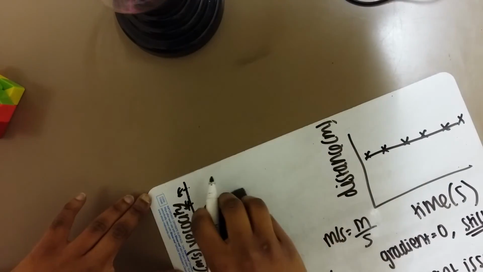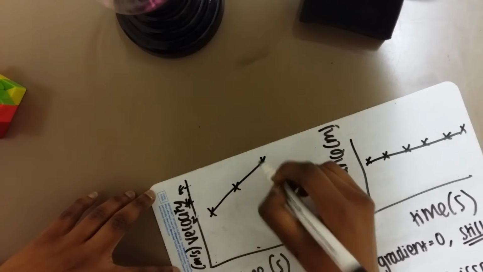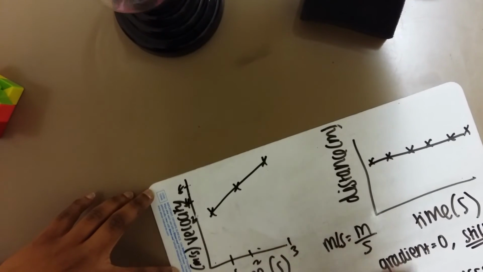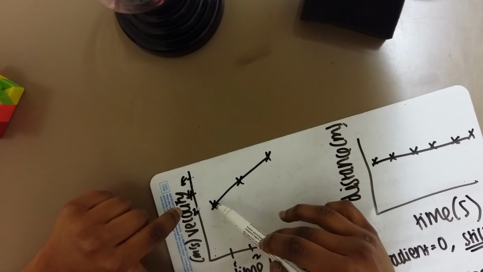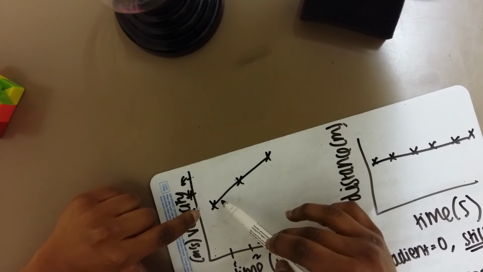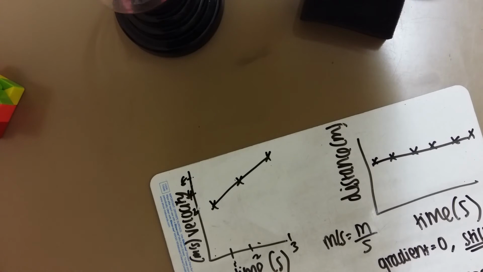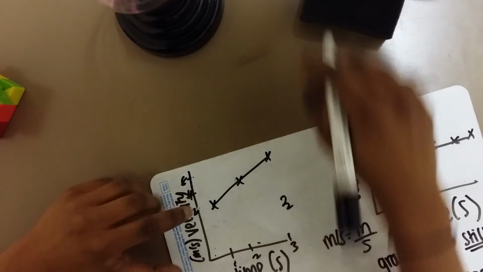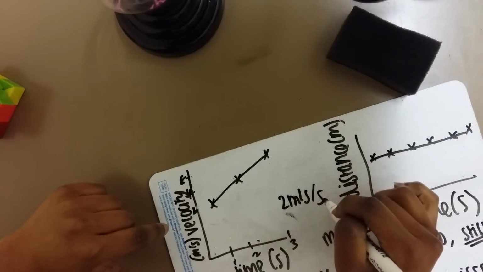That's not a very good graph, is it? Okay, let's try that again. 2, 4, 8, increasing values. Say 1, 2, 3. So every second the velocity is increasing by 2 meters per second. That's 2 meters per second per second.